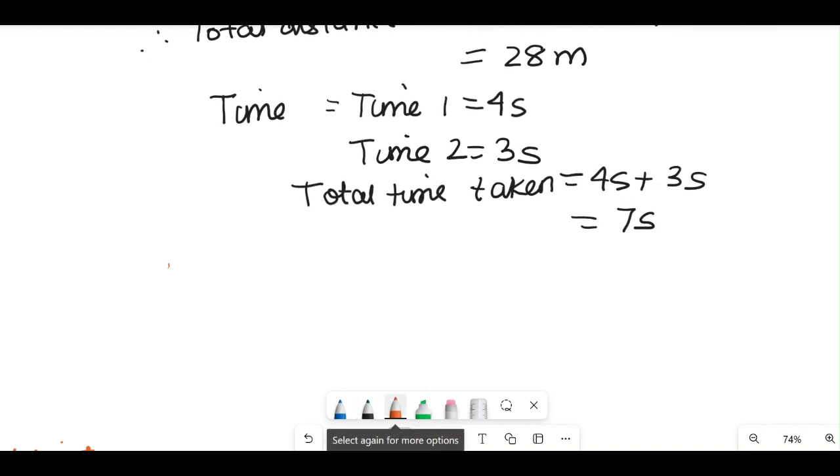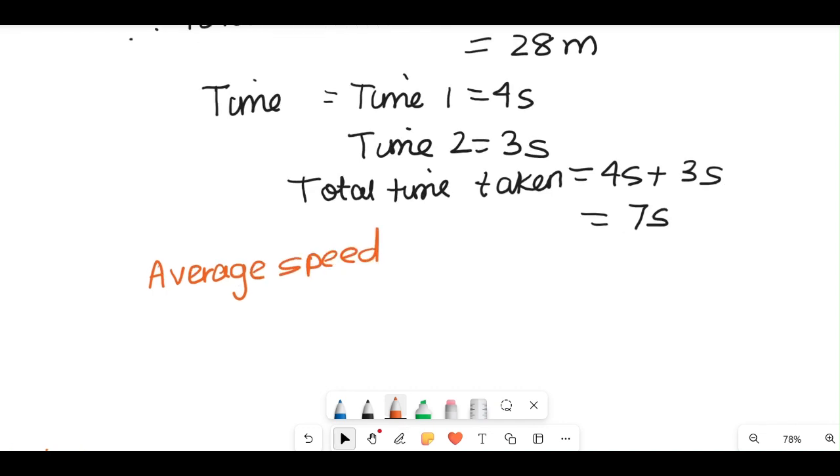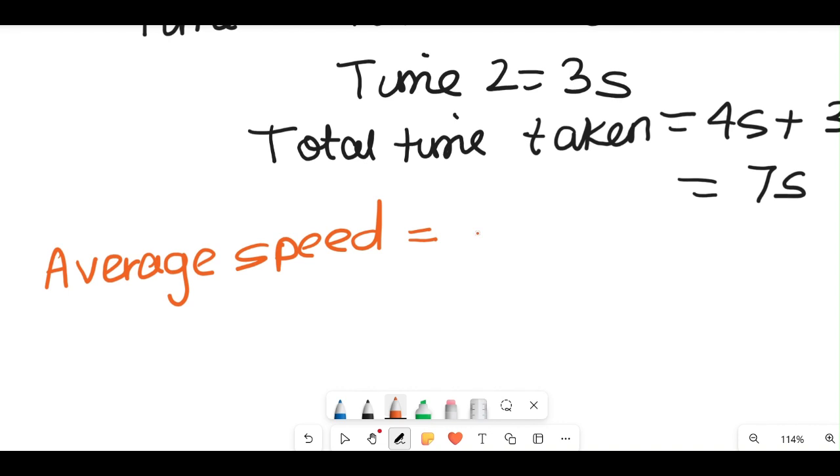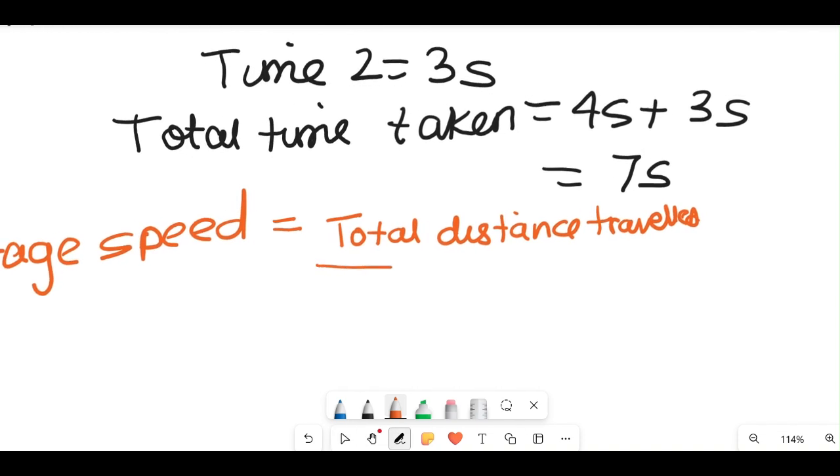And using the formula of average speed, average speed is the total distance traveled upon the total time taken.